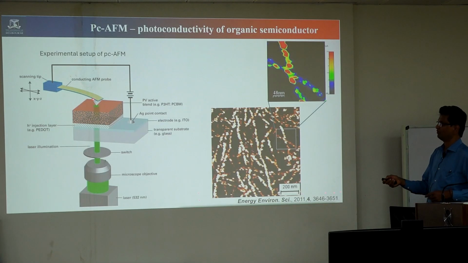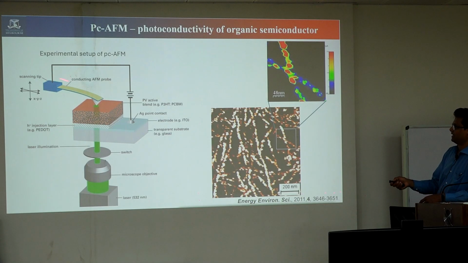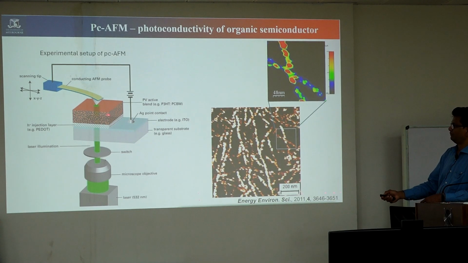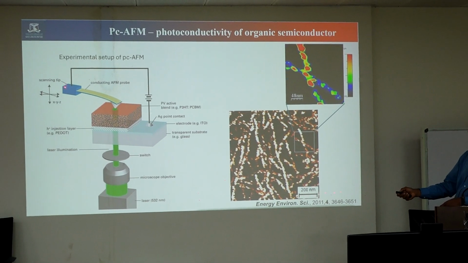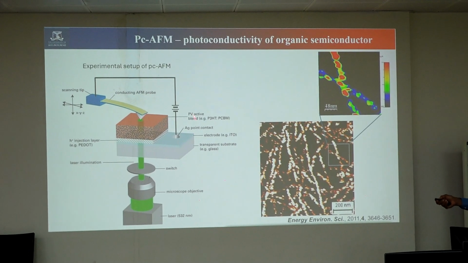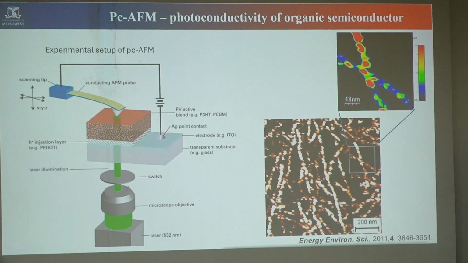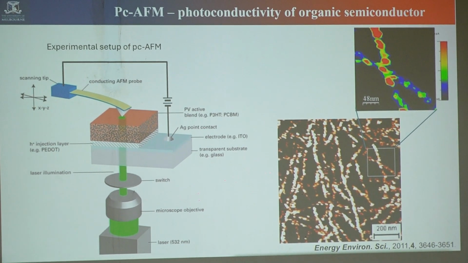In this instrument, what we are doing is the same as conducting tip AFM, but underneath we have a transparent surface, and a laser light comes out and illuminates the film. On the top we are scanning, and whatever current difference there is will be detected by this probe, and we can see the scanning.